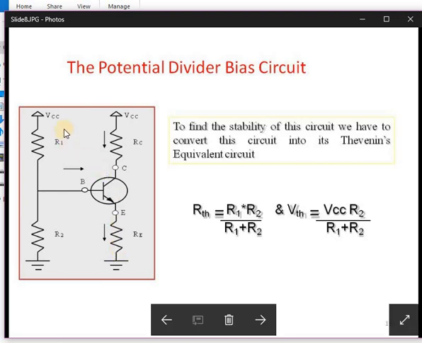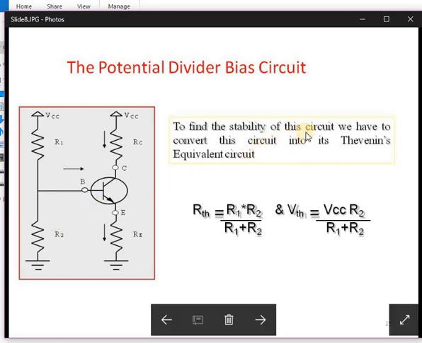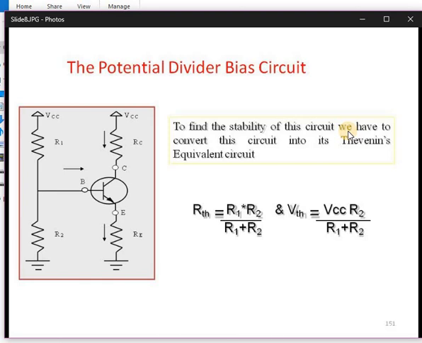Before we analyze the stability factor of this potential divider biasing circuit, we need to convert it into an equivalent Thevenin circuit. The Thevenin equivalent circuit means a voltage source in series with an equivalent resistance.